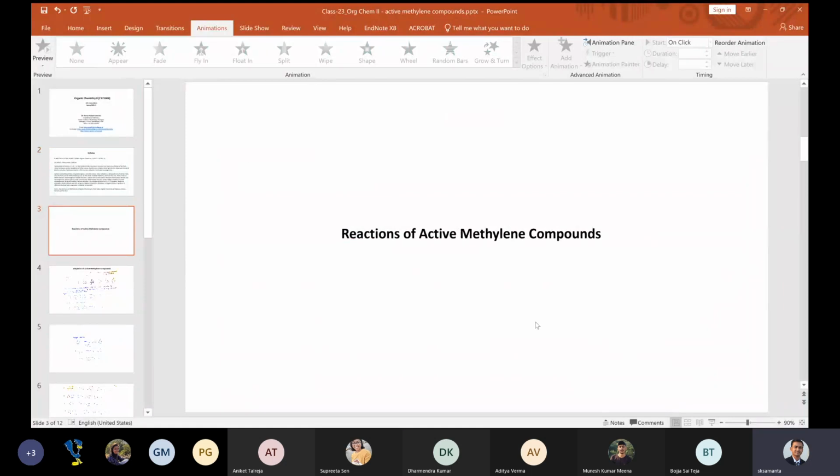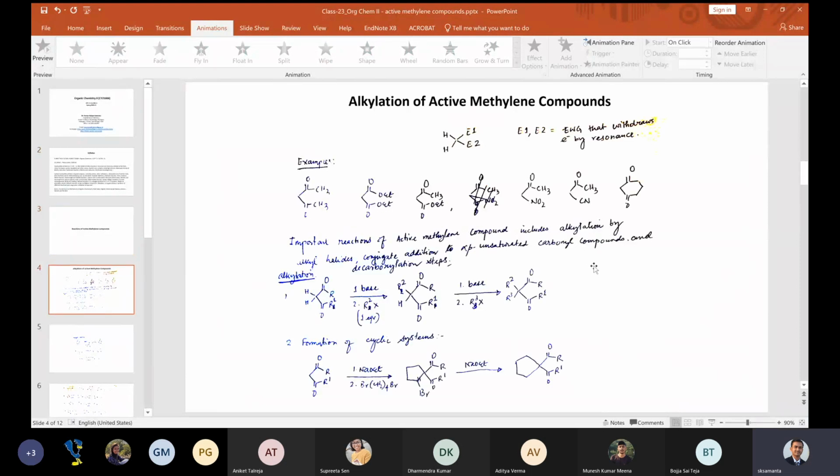Okay. So in order to start with active methylene compounds, which I have already discussed before, as you already know, active methylene compounds have this general structure, which is like this.